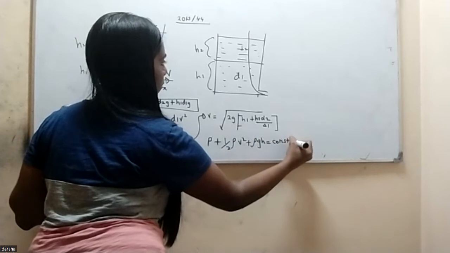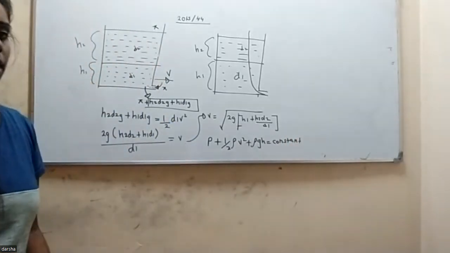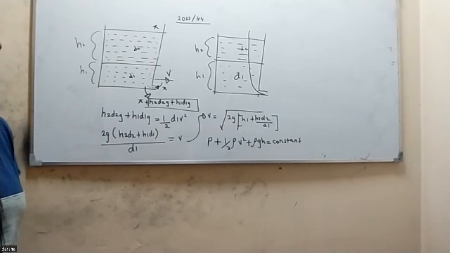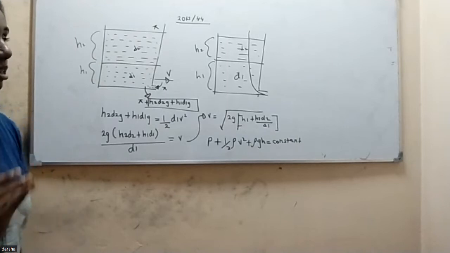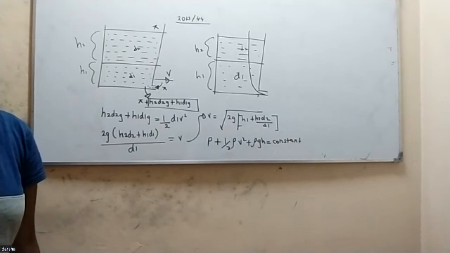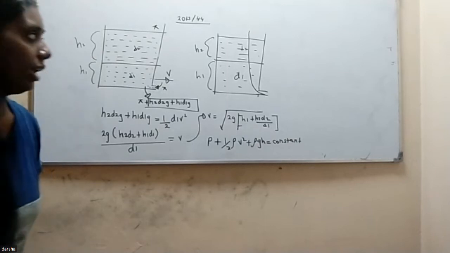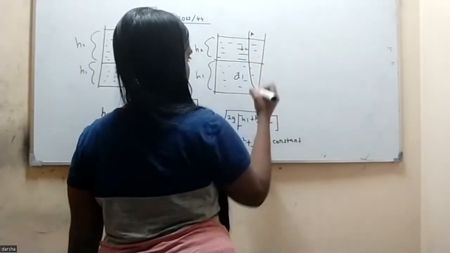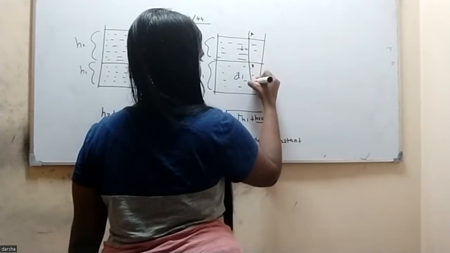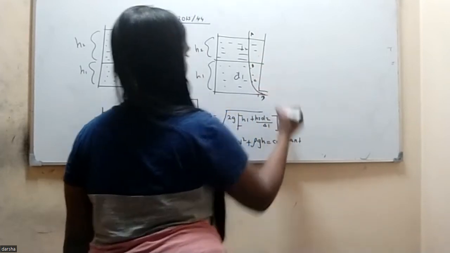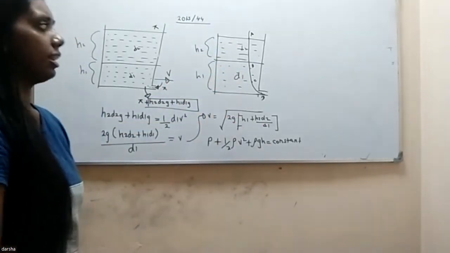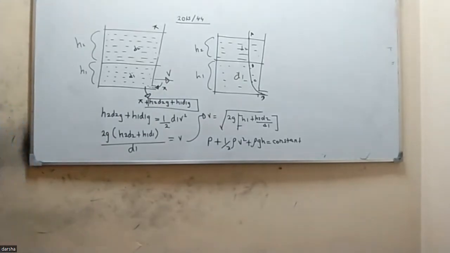After drawing the streamline, let us select two points to apply it. I mark some points, A, B, C, D, along this streamline. It is not compulsory to apply A and B; any two suitable points you can choose.